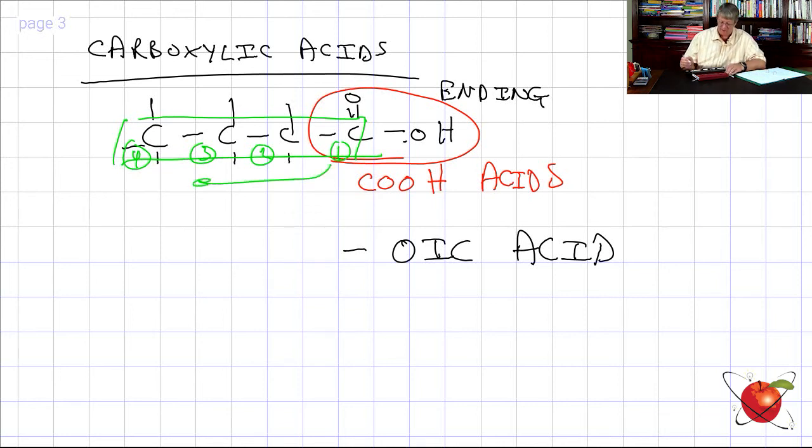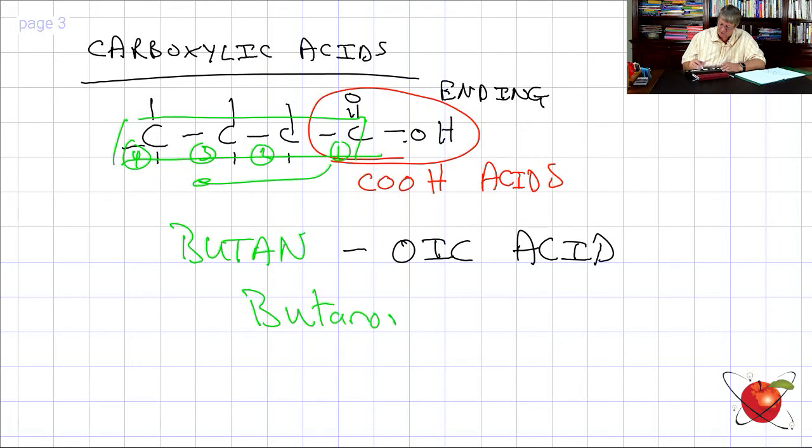Can you see I labeled that way? So therefore, what's this? Meth, eth, prop, but. So we call this butanoic acid. And you've never got anything in the middle, so that is straightforward butanoic acid. Okay? Straightforward.